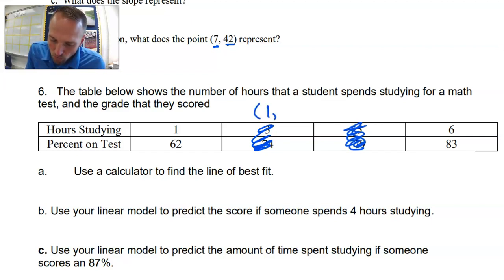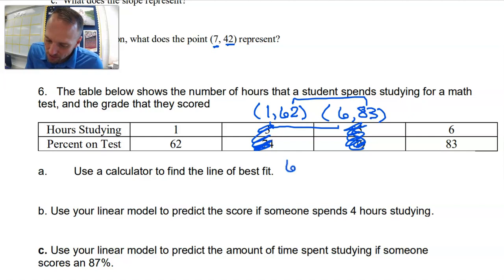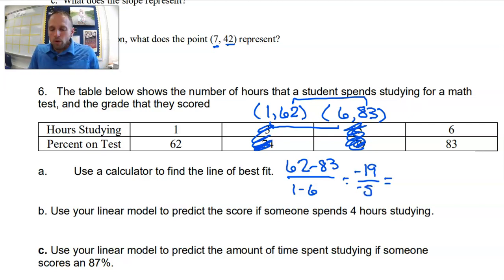So we will use the ordered pairs (1, 62) and (6, 83), and then find the slope, y minus y over x minus x. 62 minus 83 over 1 minus 6. That's going to be negative 19 over negative 5.